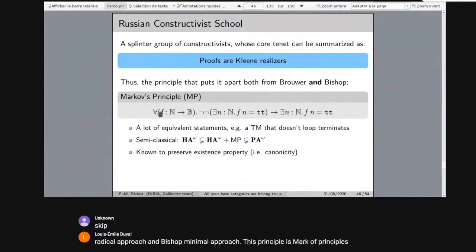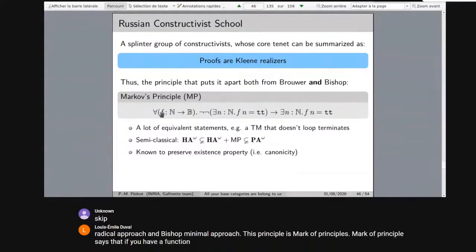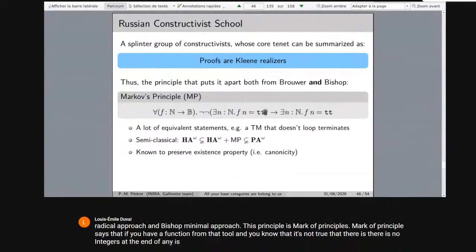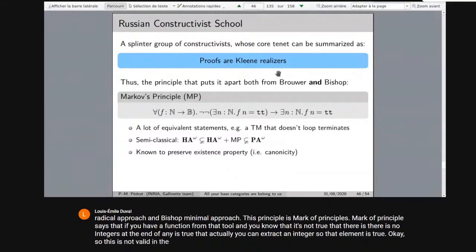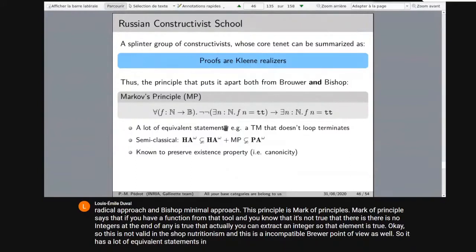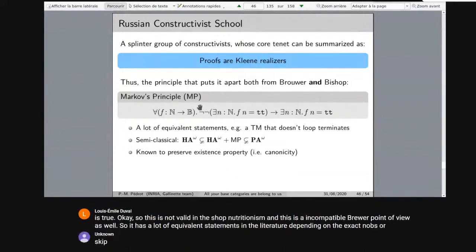Markov's Principle says that if you have a function from nat to bool, and you know that it's not true that there is no integer such that f of n is true, then actually you can extract an integer so that f of n is true. This is not valid in Bishop intuitionism, and it is incompatible with the Brouwer point of view as well. It has a lot of equivalent statements in the literature, depending on the exact presentation you stick to.